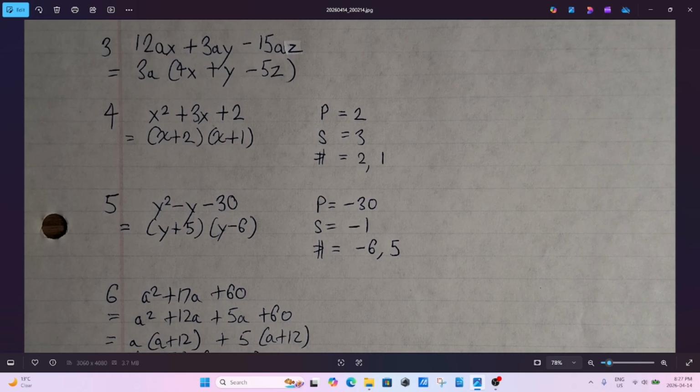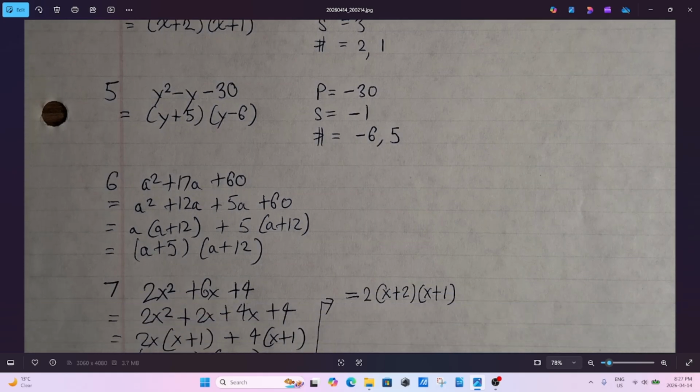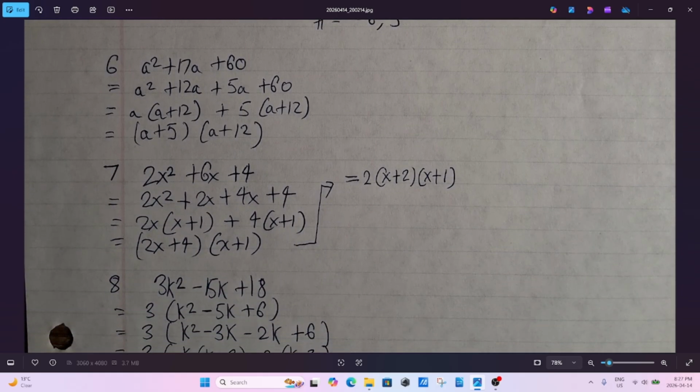Question 5. The product has to be -30 and the sum is equal to -1. So the numbers are -6 and 5. So the answer is y plus 5 times y minus 6. Question 6. a squared plus 17a plus 60.